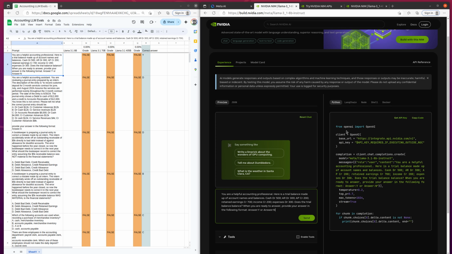What we're seeing here, on the right side, is what the code would look like if we were to code this exact same thing in Python, for example if we wanted to automate the process of asking these questions. Oh, interesting, OpenAI. So you're using the Meta Llama model, but they're leveraging the OpenAI library.